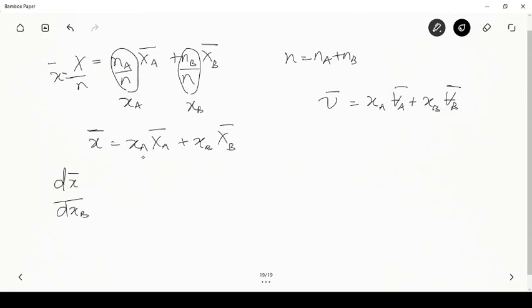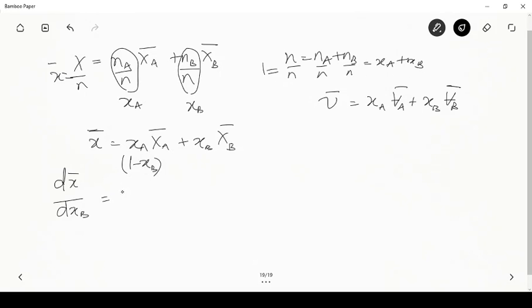Since Na plus Nb divided by N gives 1, which is equal to Xa plus Xb, I can write Xa is equal to 1 minus Xb.